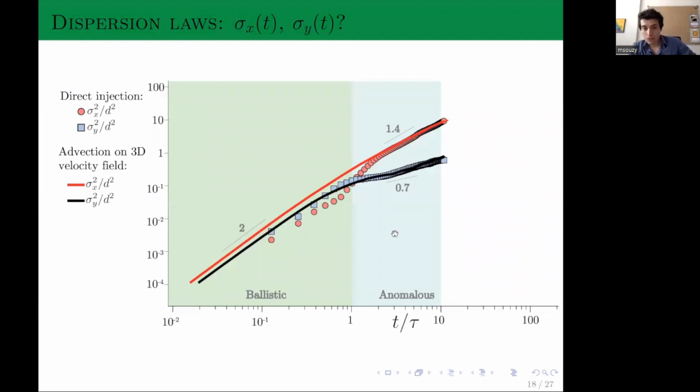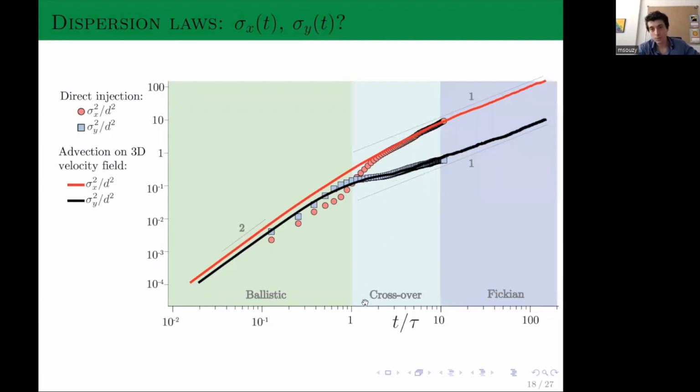But most interestingly, with these numerical advections, we can explore times which are higher than what we can experimentally access. And when you do so, very interestingly, what we see is that both in the longitudinal direction and in the transverse direction, we eventually tend to a Fickian dispersion, so a normal dispersion process where the power law is going back to a value of 1. And this is actually quite surprising.